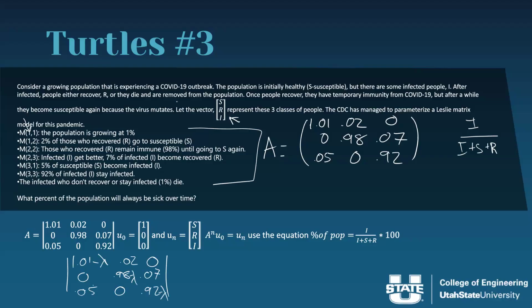And then you take the determinant of this matrix and you set it equal to 0. You're going to get a third order polynomial, and you'll have to solve for 0, essentially. You'll get some lambda cubed plus all this other stuff, okay? And this is a problem that you need a calculator for.